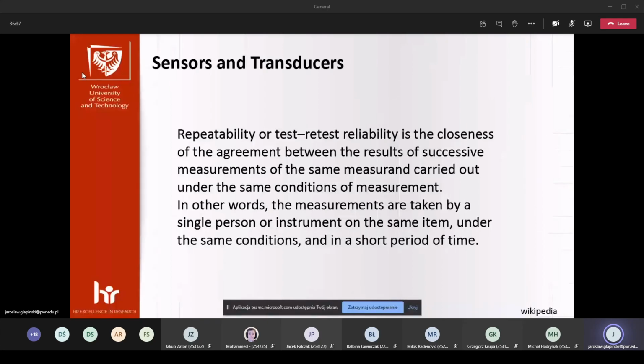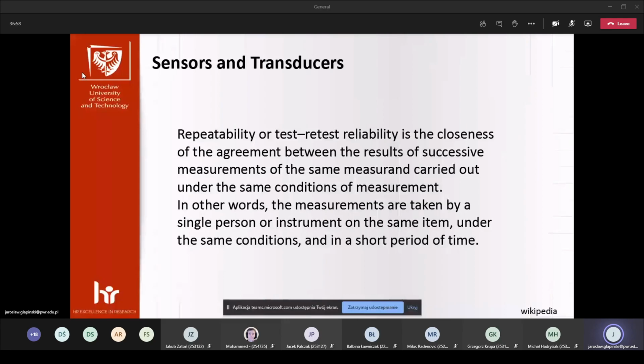So if we measure, for example, the value of voltage on a cell using a voltmeter, the repeatability is the difference of values we can obtain using this voltmeter.